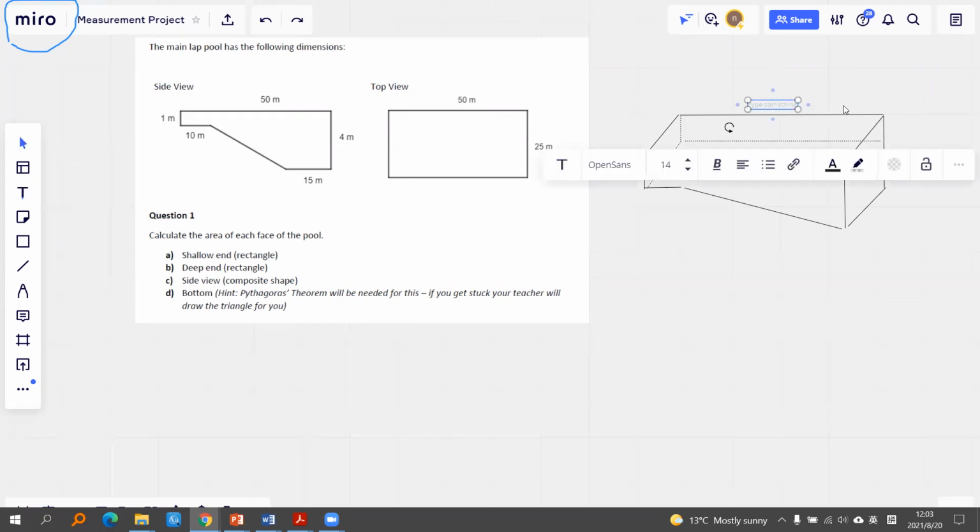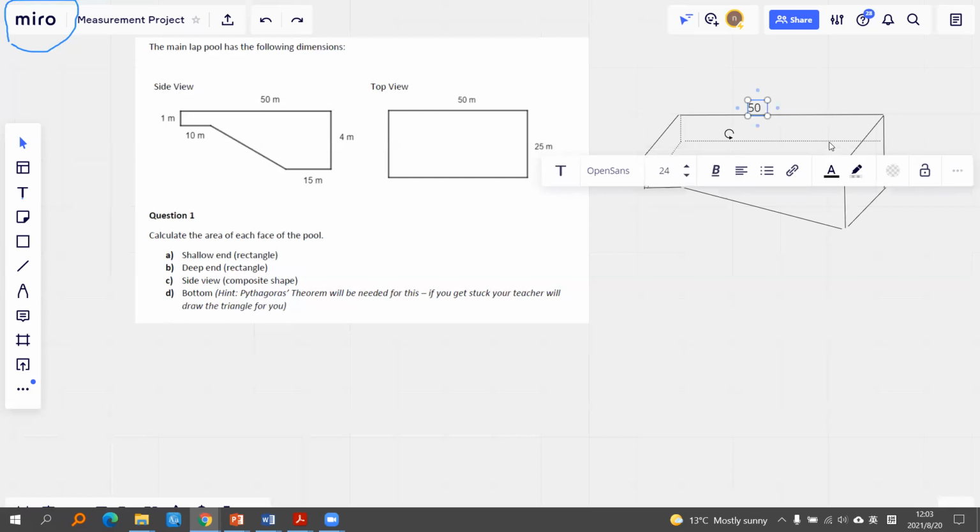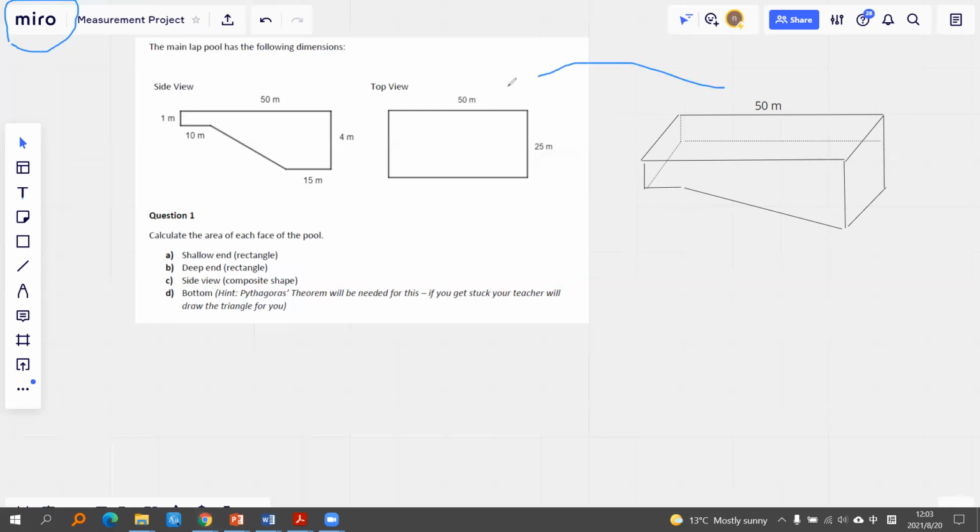I think this one will be 15 meters. I make the word a little bit bigger. So that's 15 meters for the side length. I move this one a little bit here. From the top left to top right, that's 50 meters, so that reflects this one here. Does this make sense?